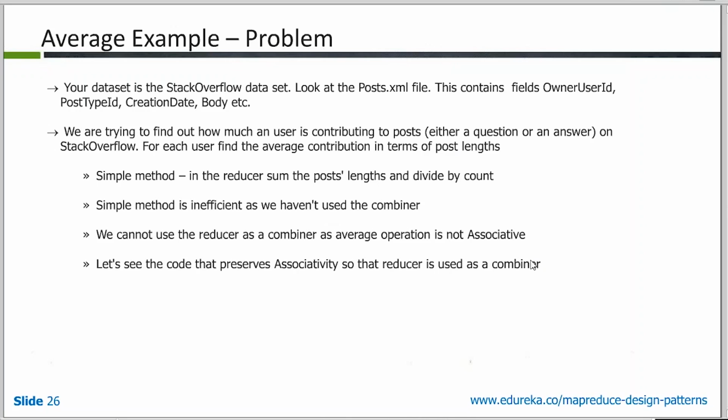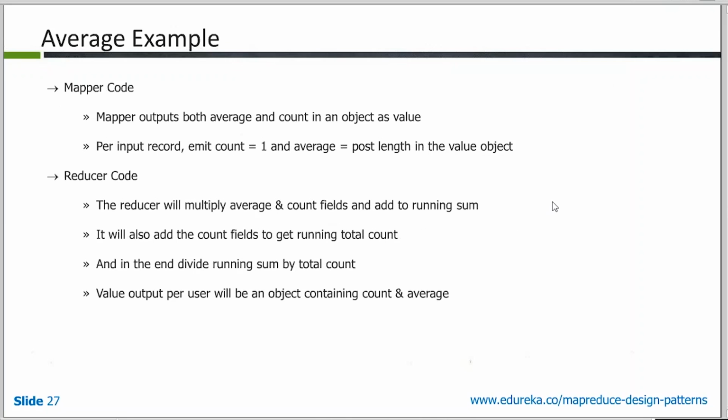What we are trying to find in this average example is how much a user is contributing to the posts on Stack Overflow. In this file we find a number of users who would have posted on multiple occasions. We want to find the average length of their posts, and from that judge their contribution to Stack Overflow posts.